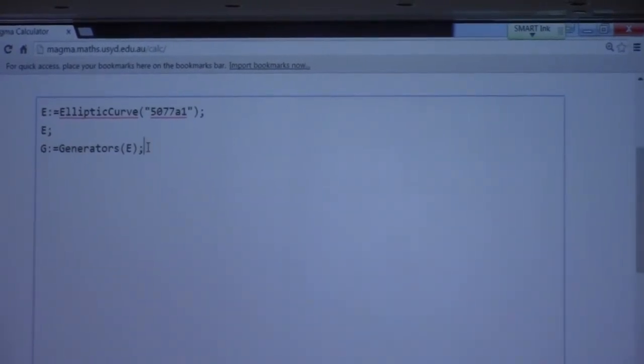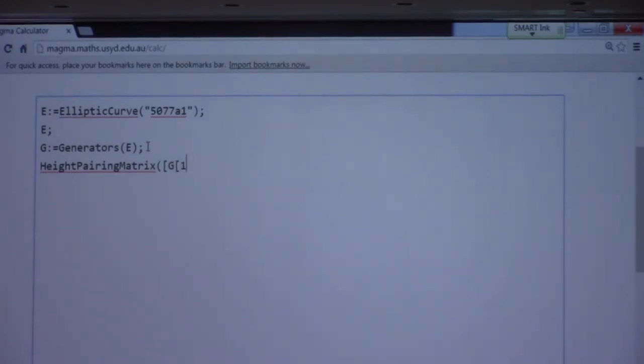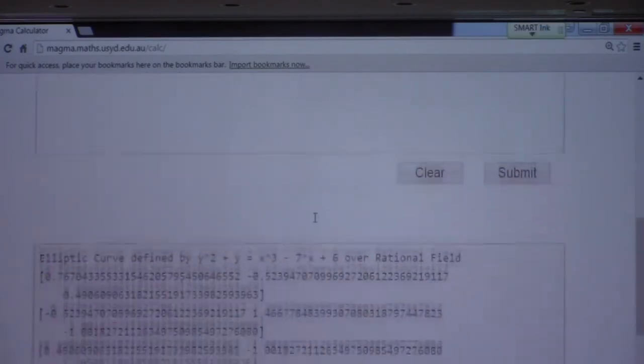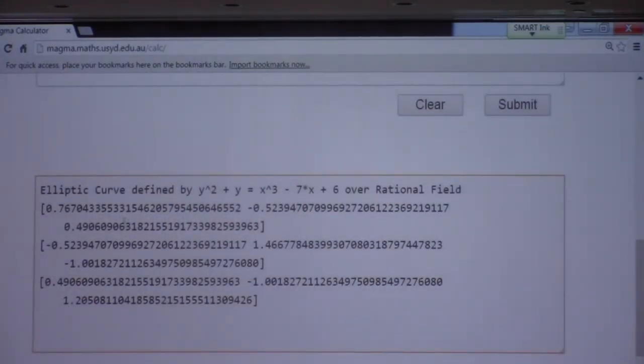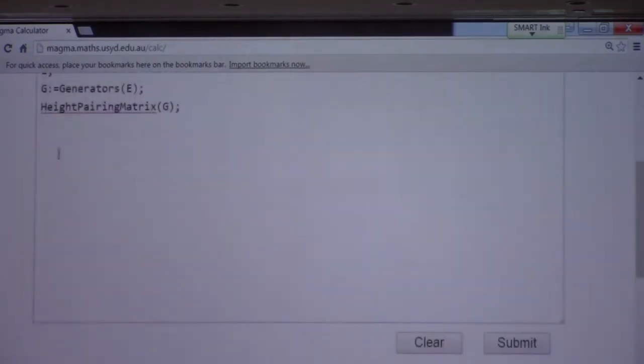I'm going to call them G. And then I want to calculate the height pairing matrix of my list of generators. It's 3 by 3, because there are 3 elements, and those are the pairing of P1 with P1, then P1 with P2, P1 with P3, and so on and so forth. That's the matrix. Very good.